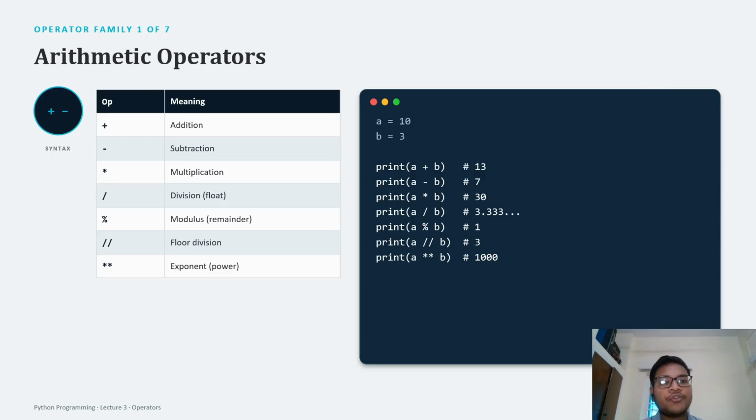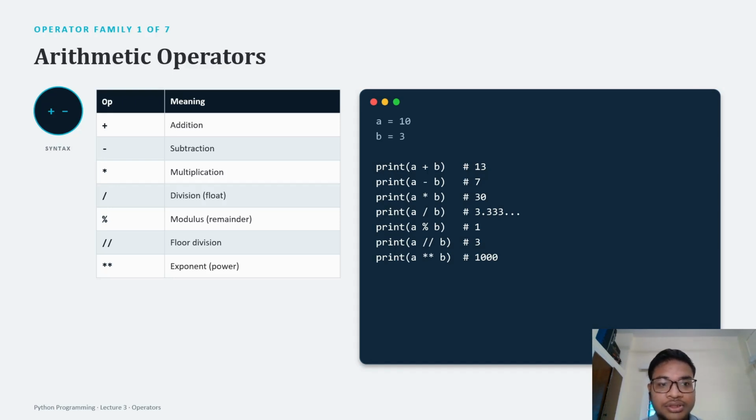Our first operators are arithmetic operators. Arithmetic operators truly match with some of the math you already learned in previous classes, in 6th and 7th grade. There is a BODMAS rule. Here are the arithmetic operators: addition, subtraction, multiplication, division, modulus, floor division, and exponent, which means power.